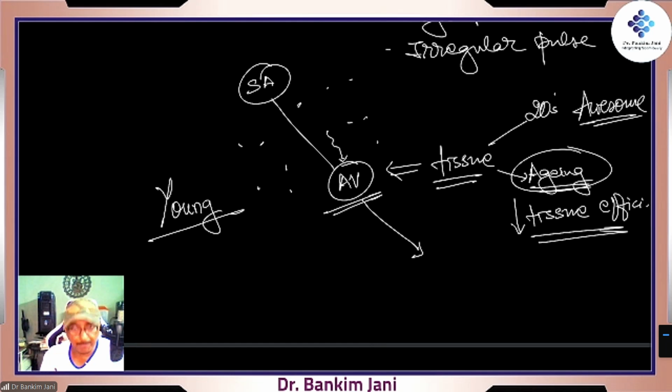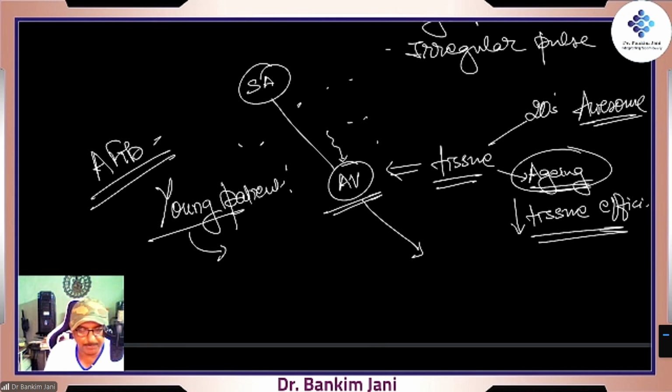So you can have both young patients and old patients with AFib. But the young patient will have a rapid heart rate.